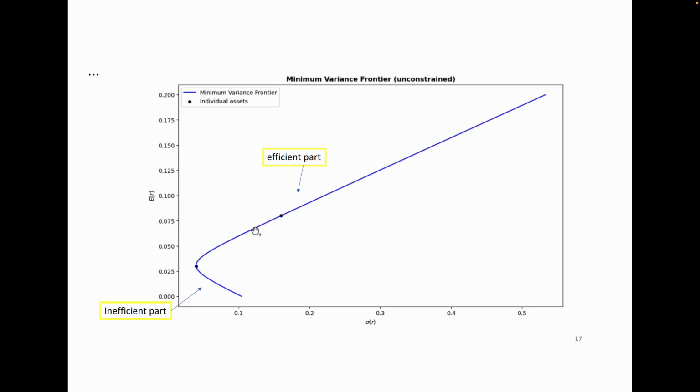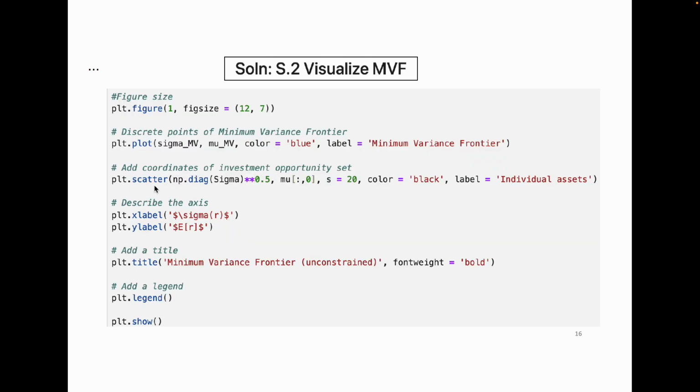Okay, what else do I do? I keep working within the same picture. So I do plt.scatter. So now I want a scatter plot, so I want just dots. And what do I want to plot? I want to plot the investment opportunity set. So again, I plot x versus the y-axis. So the x will be the volatility of my investment opportunities.